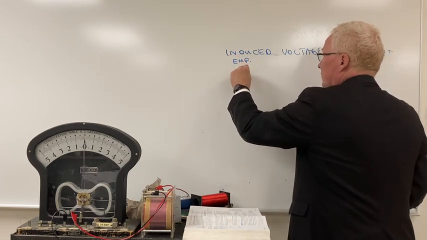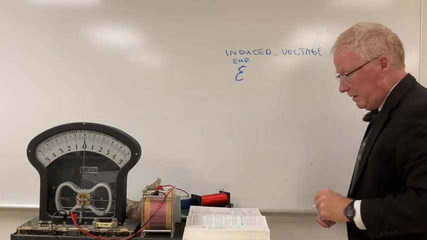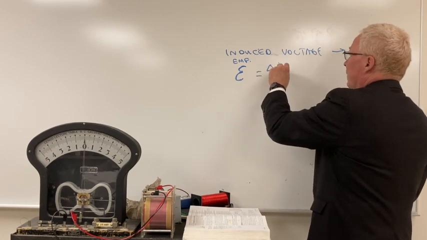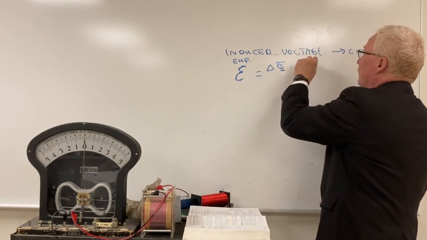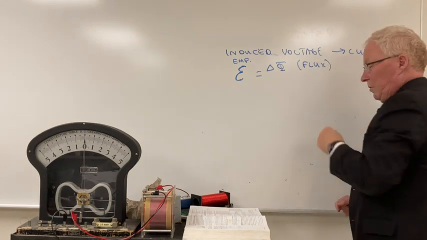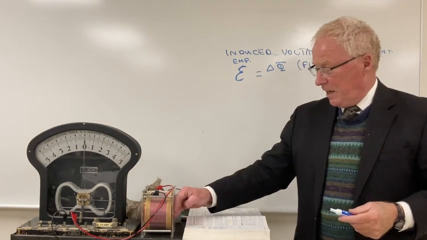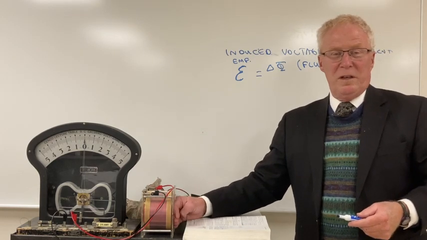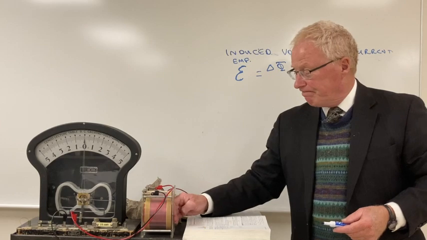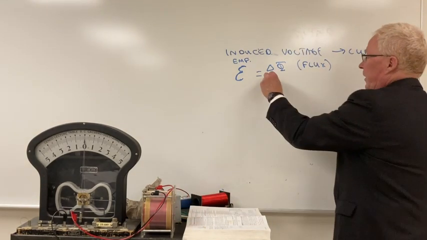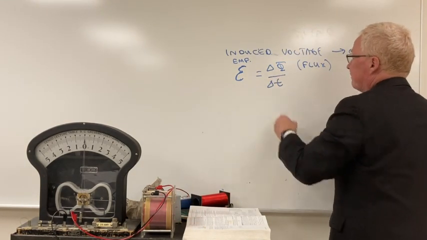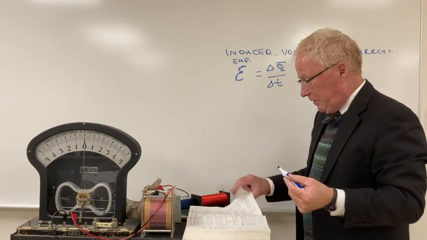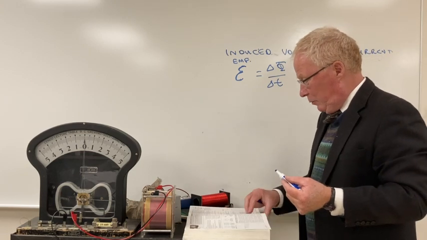So it's an induced voltage, and it's defined as the change in flux, the Greek letter phi. Flux comes from an old term, and it's defined as how much magnetic field flows through this coil inside of it, over change in time. So that's how it's defined.